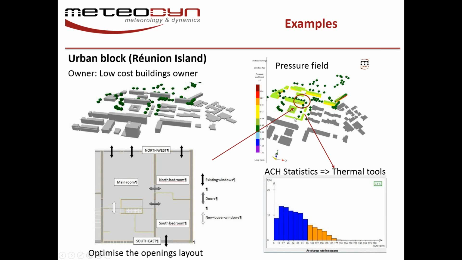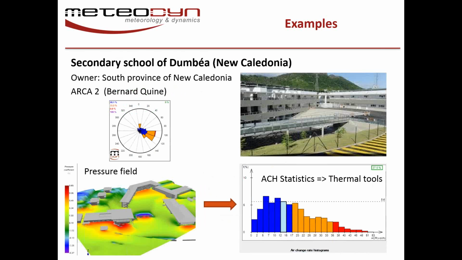First we compute the Cp, the pressure coefficient. We define those characteristics, and we can get the ACH statistics. If you want to take into account the Stokes effect, you can export those data, the Cp for example, into thermal tools such as Design Builder or EnergyPlus.